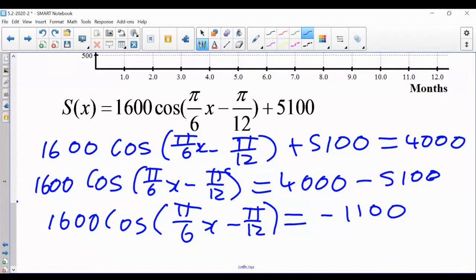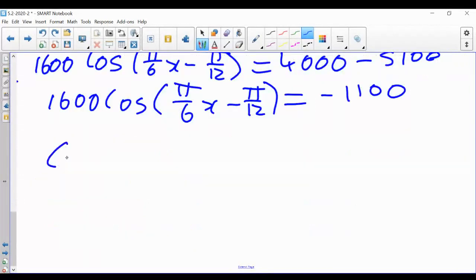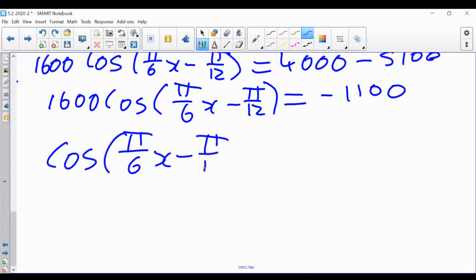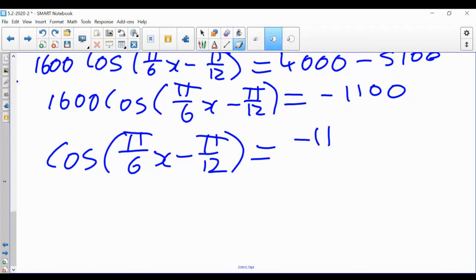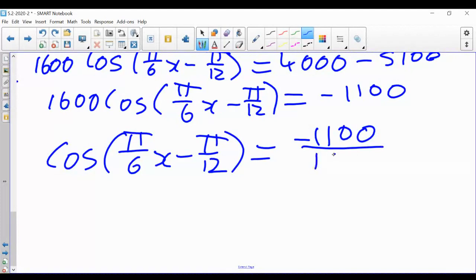Thank you, Cristiano. So cosine of pi over 6 x minus pi over 12 is equal to minus 1100 over 1600. So far, so good? Are we all on the same page here? Does that all make sense?